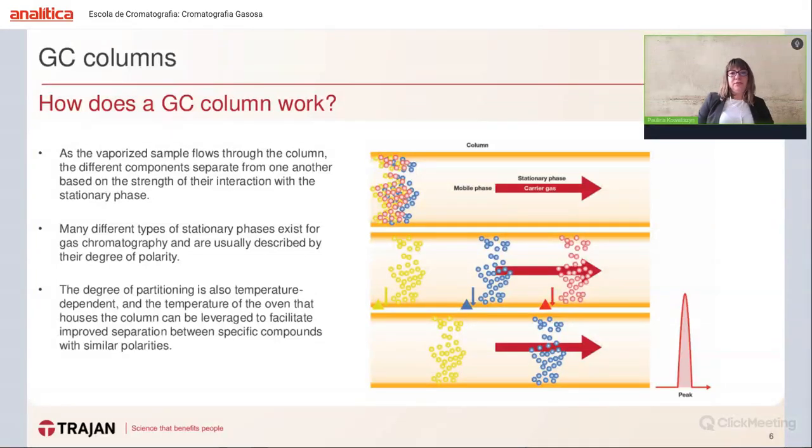And at the end of our column, we've got the detector, which is allowing us to visually present the results of the separation, and we are getting chromatograms with the peaks on them.